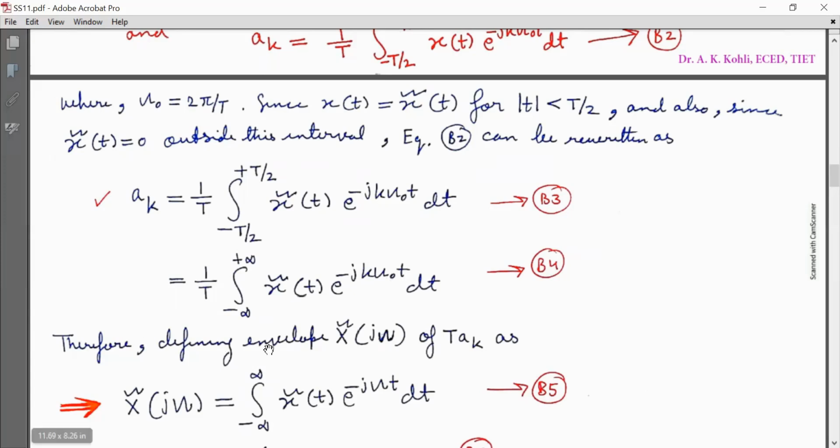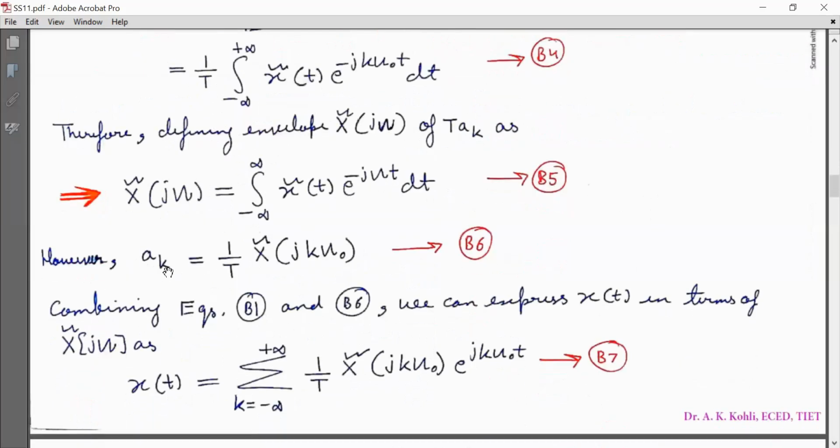Therefore, defining the envelope X(jω) of T a_k as X(jω) is equal to integration from minus infinity to infinity x̃(t) e raised to minus jωt dt, mark it as equation B5.